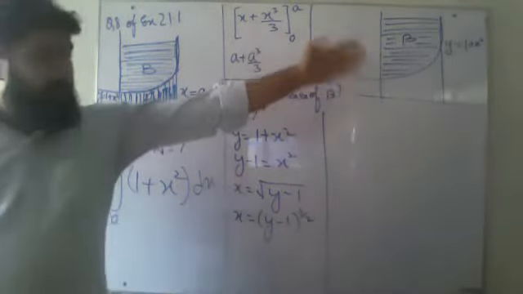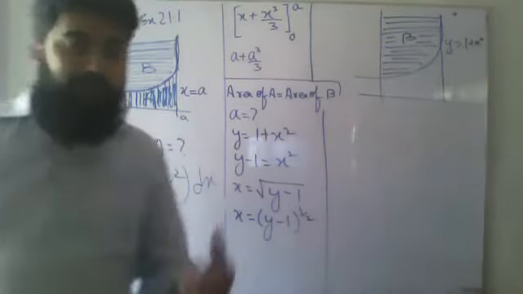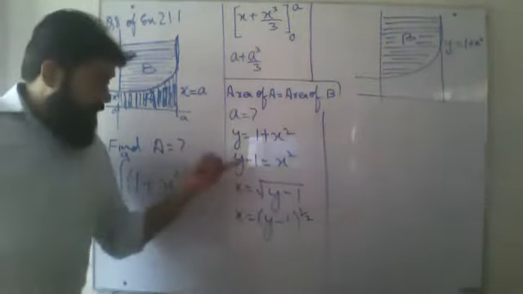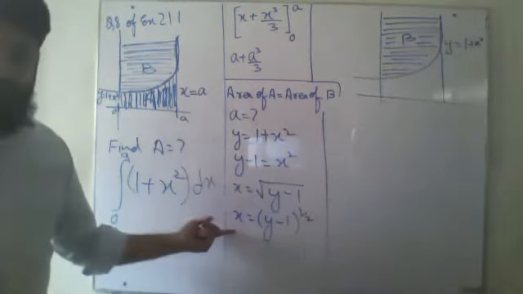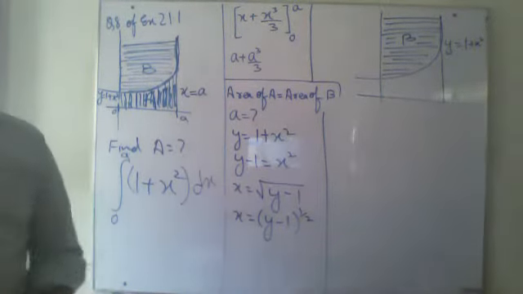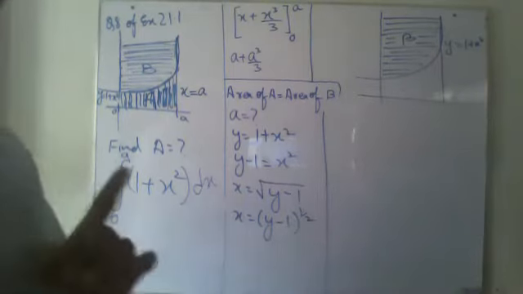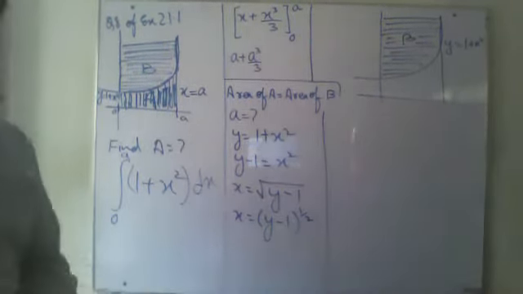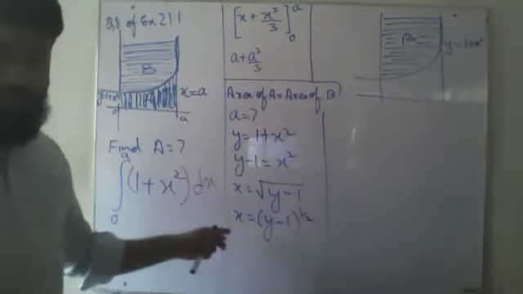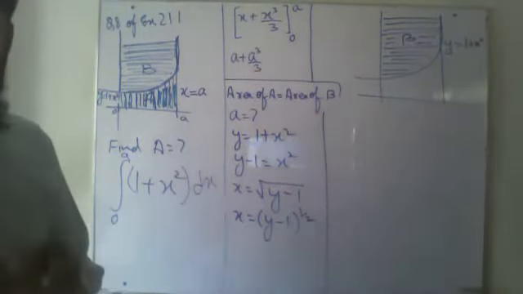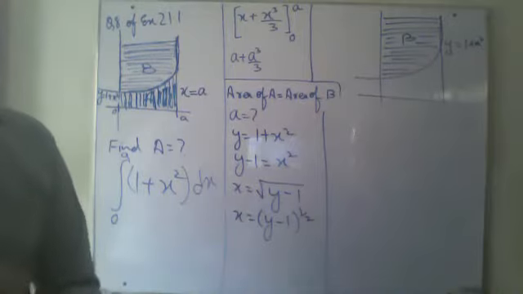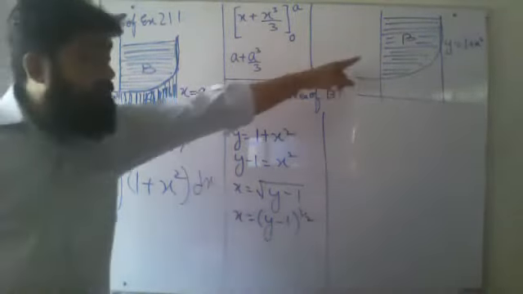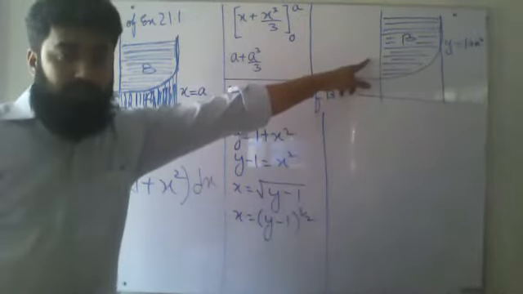Whatever equation was given, if I am using it with the y-axis, I have shifted my equation. x becomes the subject of the equation, and the equation becomes in terms of y. That was the first thing I have done. Now the second thing which I have to do, I will integrate this equation with respect to y, because I'm using the y-axis.